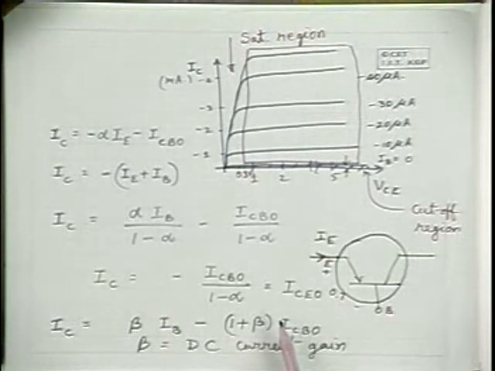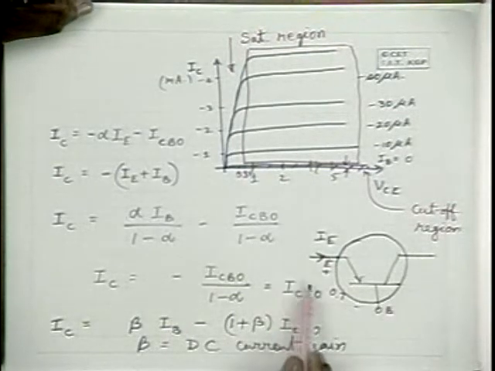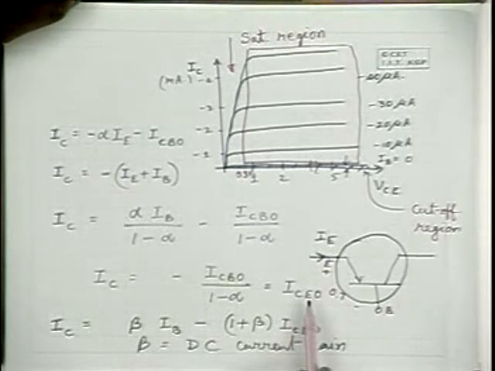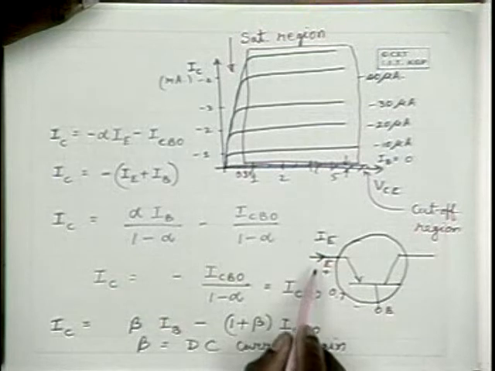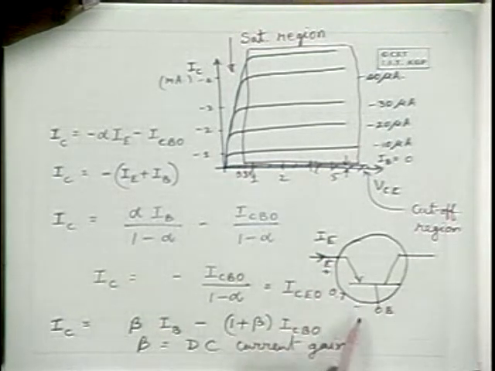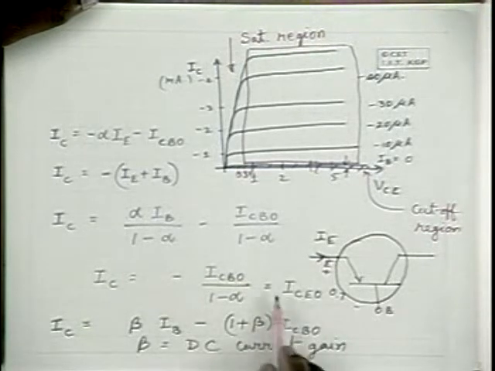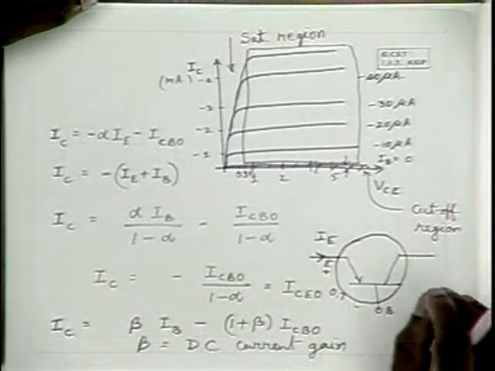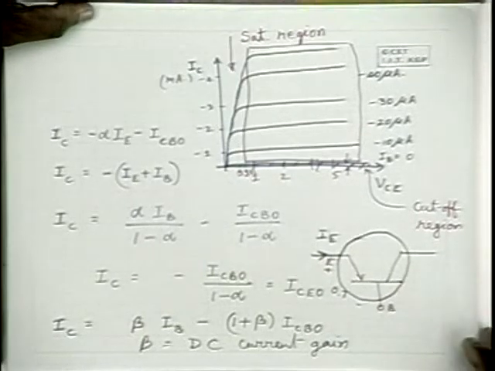Therefore, if you intend to make this current 0 in the cutoff region, what we normally do is slightly reduce the potential over here. The emitter to base junction potential is further reduced to see that this IC is less than this. We will discuss more about it when we discuss the transistor as a switch.